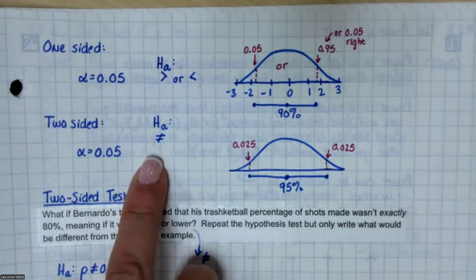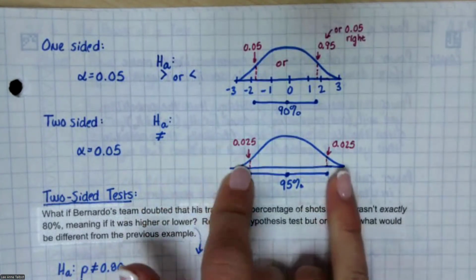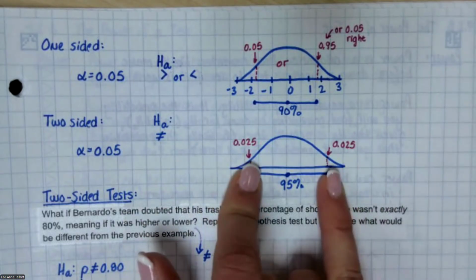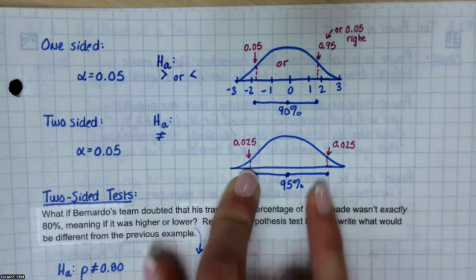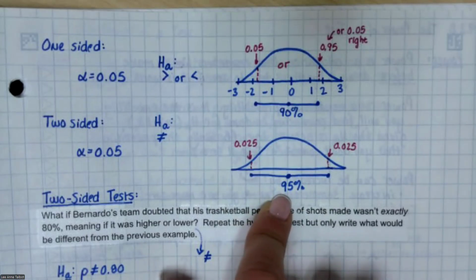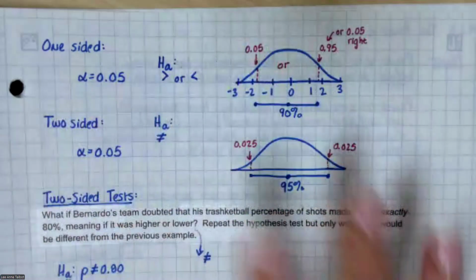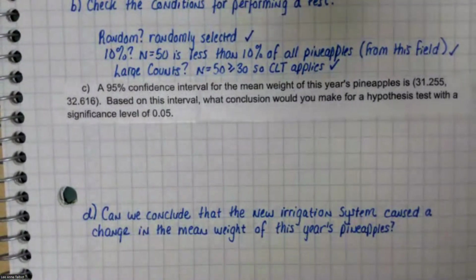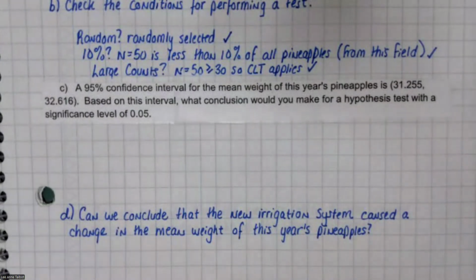So just note that an alpha level of 0.05 on a two-sided test means that you have to split that into two pieces, which is where you get the 95%. If you need to refer back to that at any point, please do. Does it matter for this? No. Again, I am reviewing for the AP test because I'm a forward thinker.